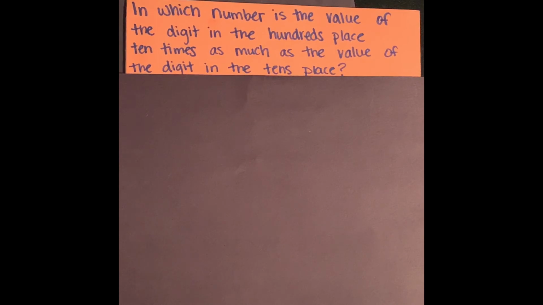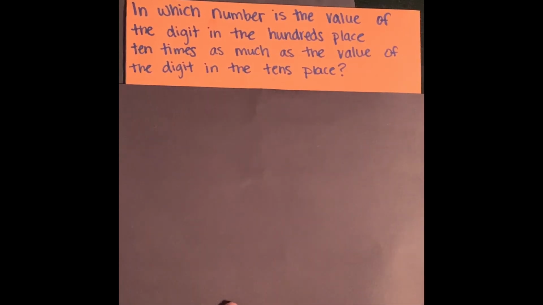So let's take a look at how this might come up as a question. Here's a good example. In which number is the value of the digit in the hundreds place 10 times as much as the value of the digit in the tens place? Before we even look at our answer choices, let's look at some important keywords here.